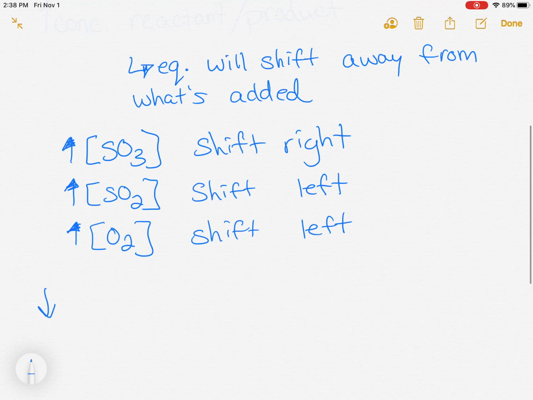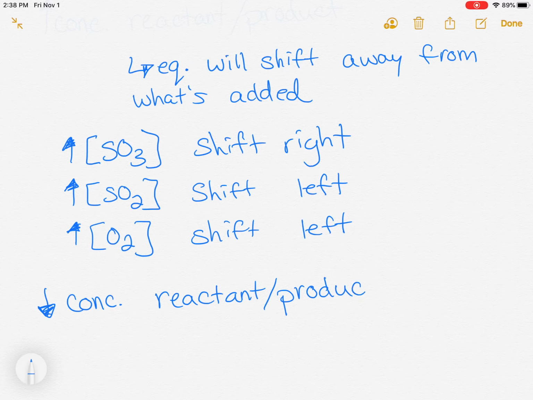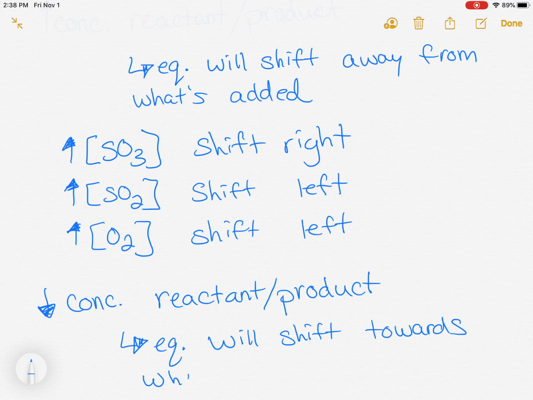Now if we decrease the concentration of a reactant or a product, then the equilibrium is going to shift towards what was taken.